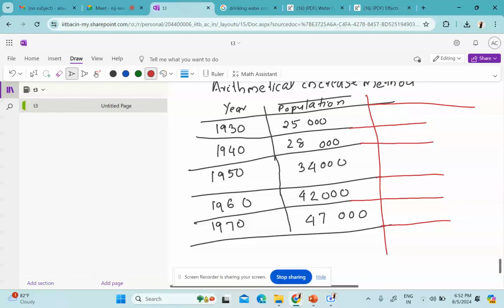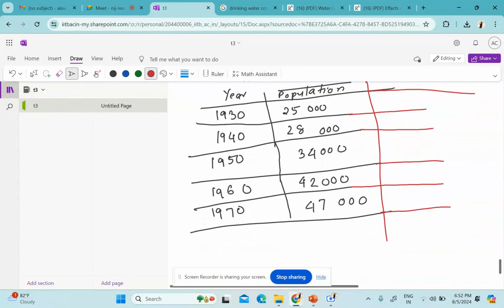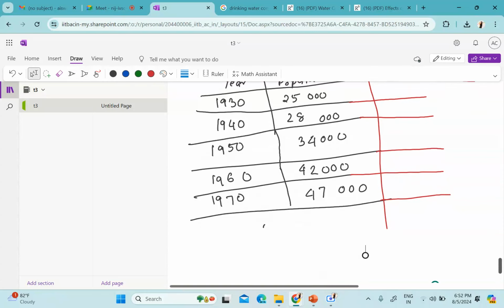Okay, we'll start. First of all, I told you we need to find the population. That is very important for the drainage system design. The population prediction, like how much the population will be.